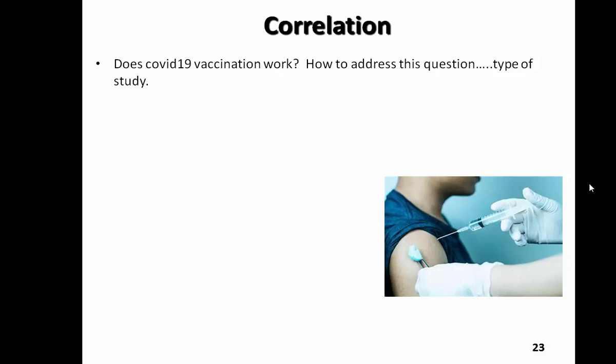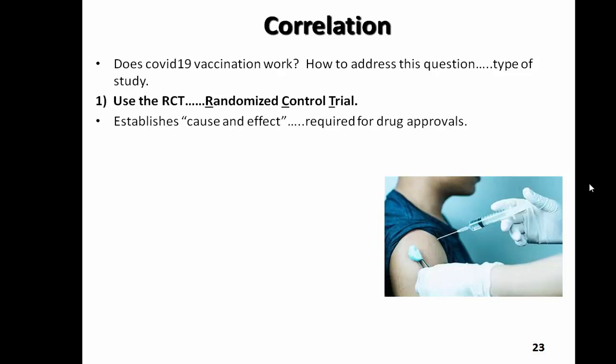To answer this question, it depends on the type of research study. The first study that we'll address here very briefly is what's called the RCT, the Randomized Control Trial. This type of research design establishes cause and effect and is the type that is necessary for pharmaceutical companies to obtain government approval for new drugs.